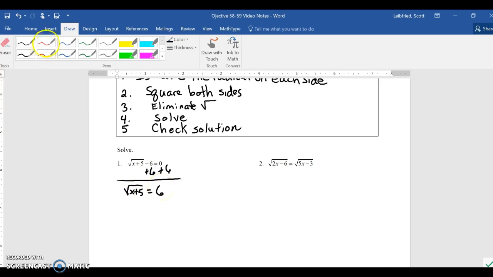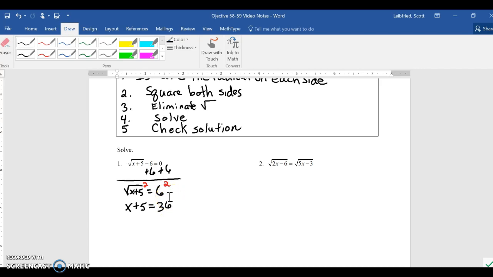Step 2 says to square both sides. Step 3 says we eliminate the radical, because remember what we learned above was that a square and a square root cancel each other out. But on the right side, we have 6 squared, and we know that 6 squared is 36.